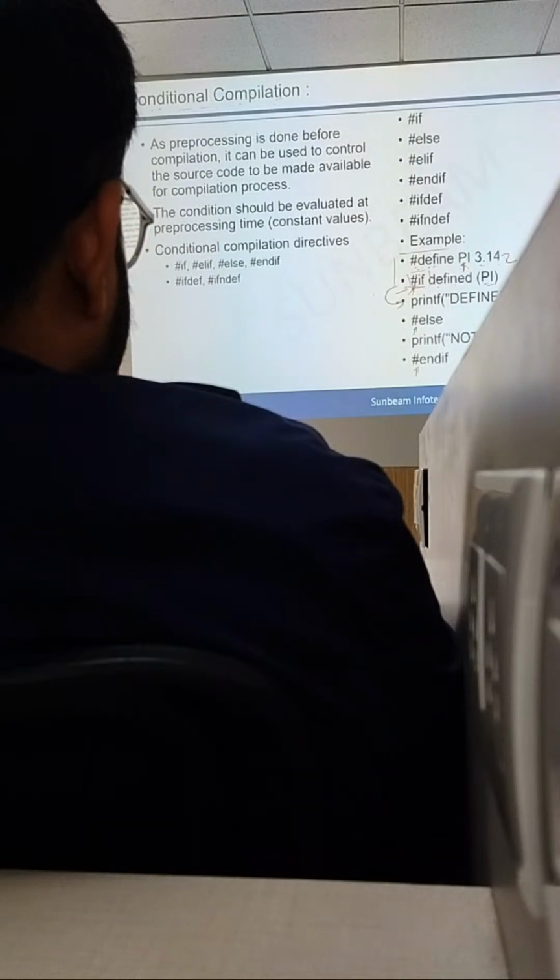It will be true if and only if PI is defined, else it will select this part. That means if PI is defined, then this printf statement will be selected, and in the data file only one printf will appear selected. Else if PI is undefined, then in this case only this statement will appear selected.